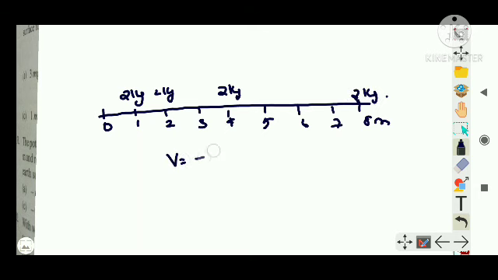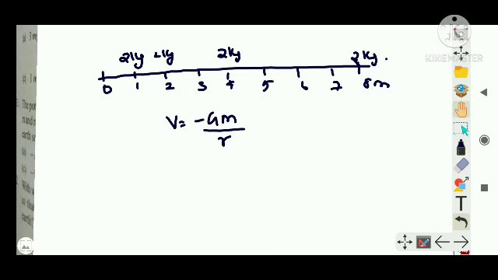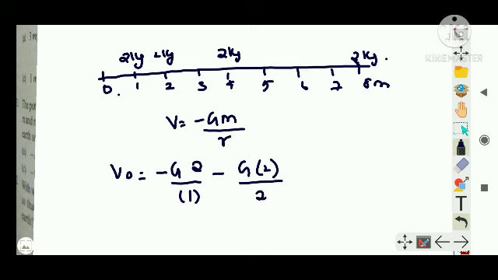This V is equal to minus Gm by r. So total potential, if someone asks you, it is minus Gm, that is this 2 kilogram, and how much distance is it from the origin? That is 1, minus Gm by r, this is 2 meter, minus Gm by r, this is 4, this guy will be 8, minus Gm by r.